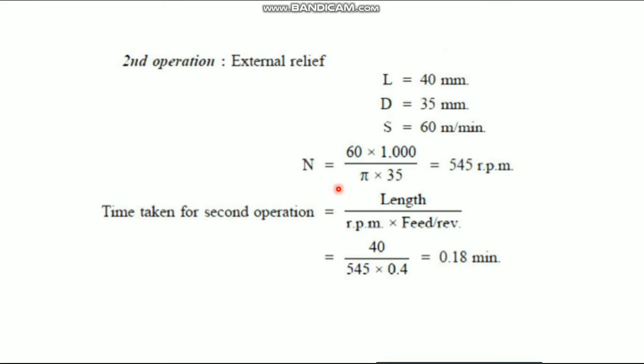Here also we want to calculate the N value, because the diameter is changing. So we have L equal to 40, D equal to 35 mm, S equal to 60 meter per minute. N we can calculate, and time we calculate by using this data.